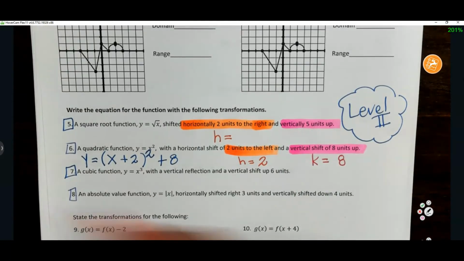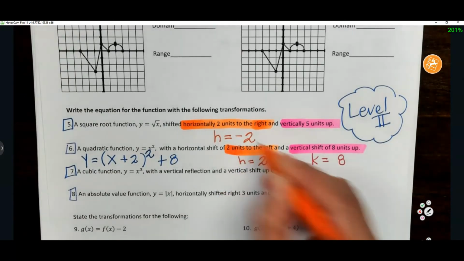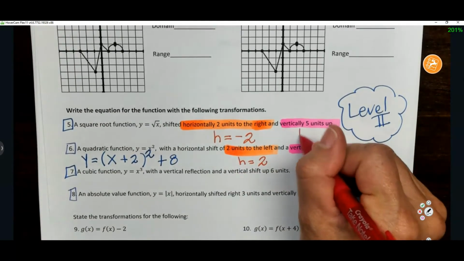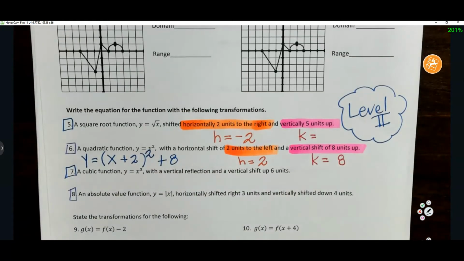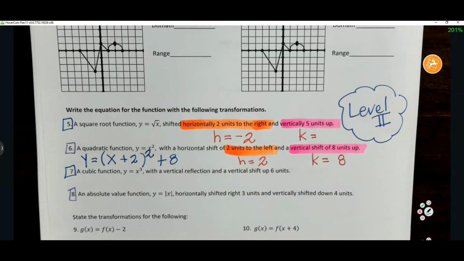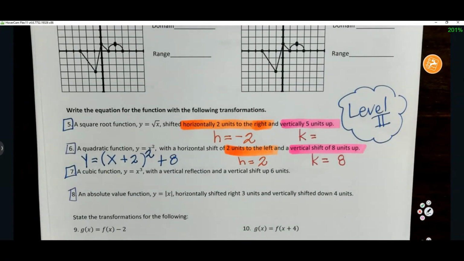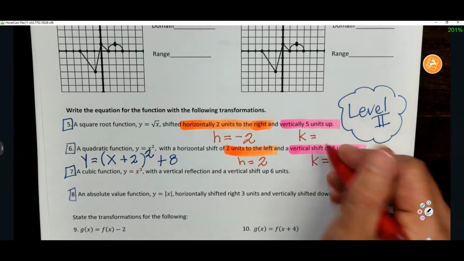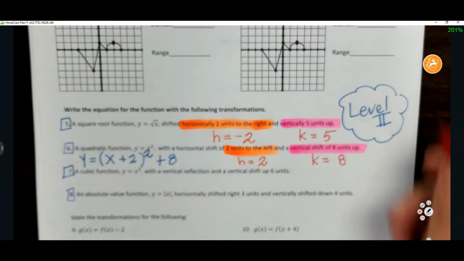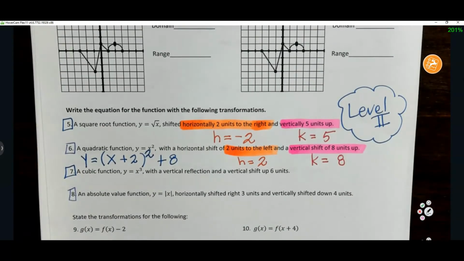Y'all need to write it negative too. The K value. Danny, do you know the K value? 5. Perfect. And let's leave it positive 5. All right, here we go.